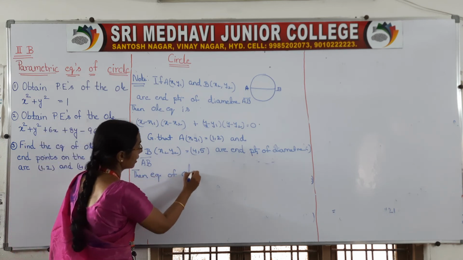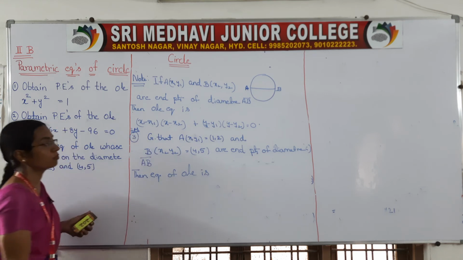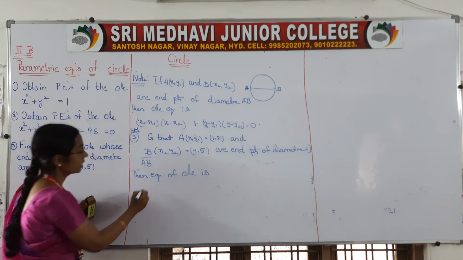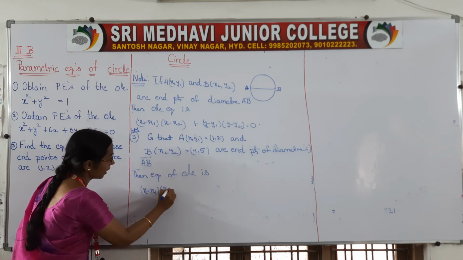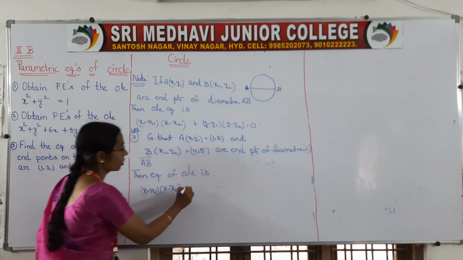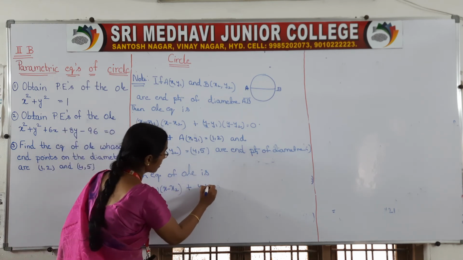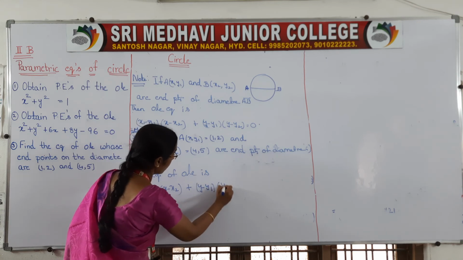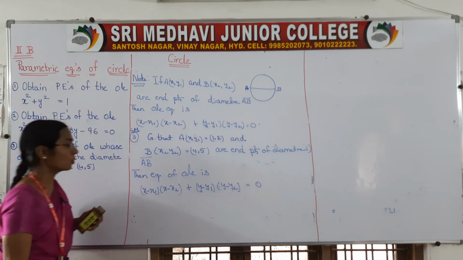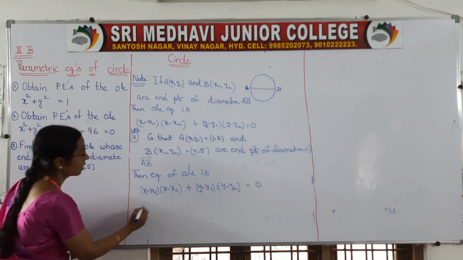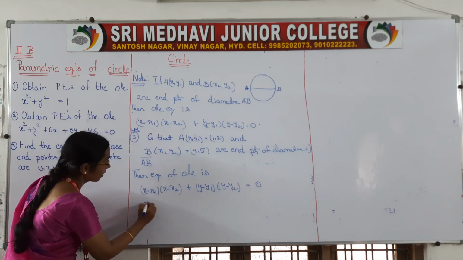Then the equation of the circle is, now you have the formula: x minus x1 into x minus x2 plus y minus y1 into y minus y2 is equal to 0. You know what x1 and y1 are.